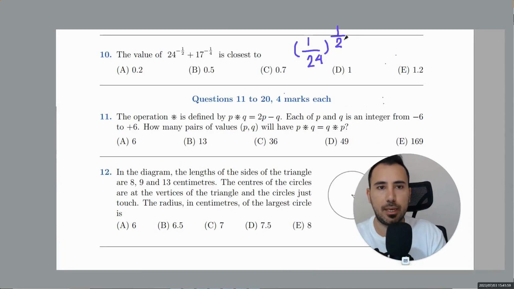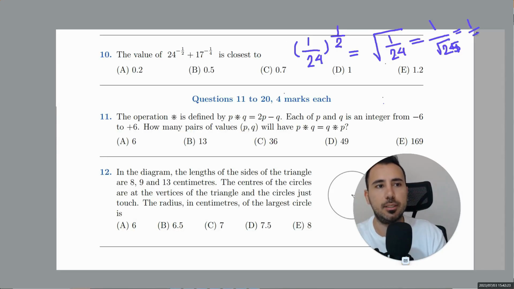We know that power of 1 over 2 is the same as the square root of 1 over 24. We could also write it this way, 1 over square root of 24. Because it said approximate, right? So we could make this one 25, and it would be 1 over 5. So this one will be approximately 1 over 5.